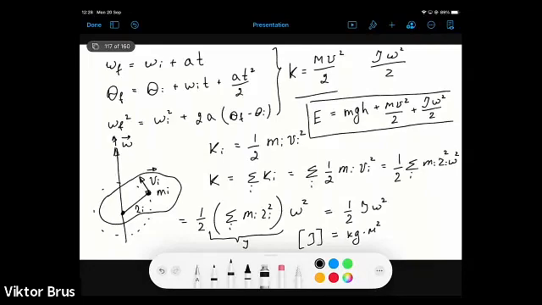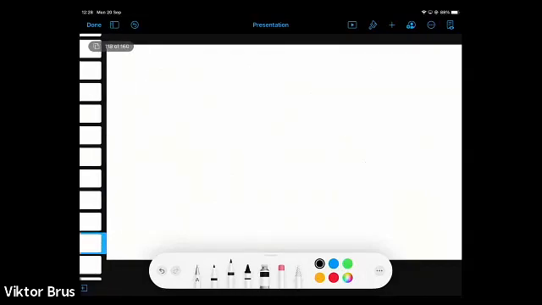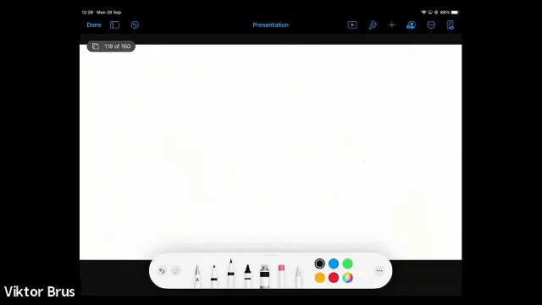So let us consider some examples of calculating this moment of inertia. Let's start from something simple. We have x and y axes of a coordinate system and such a system of 4 bodies.